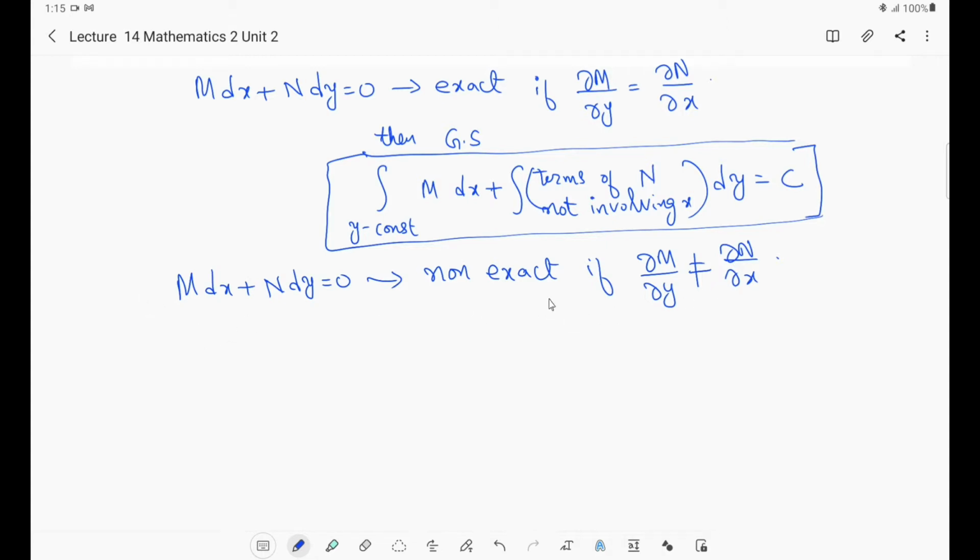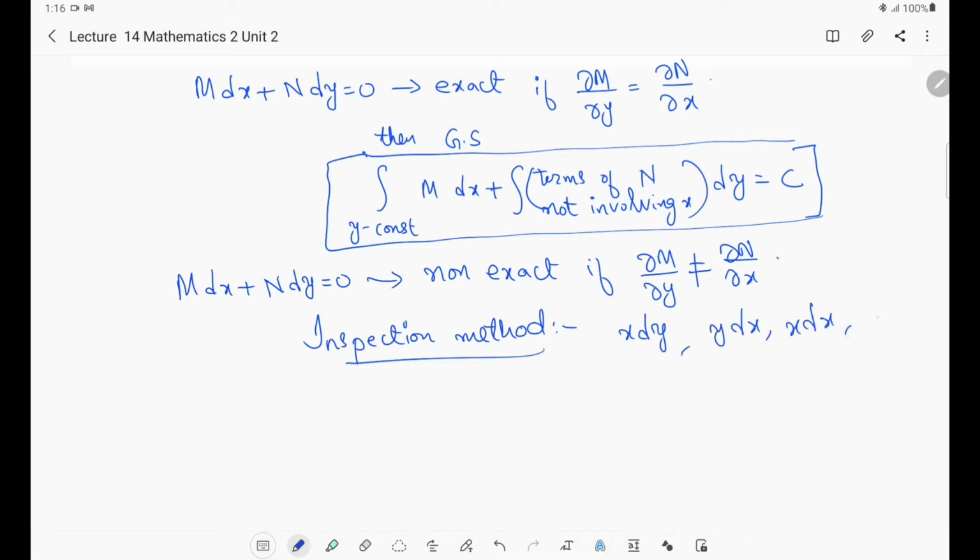Then how do we reduce to an exact differential equation? The first method for dealing with non-exact differential equations was the inspection method that we discussed in the last class. This method is applied when the non-exact equation has terms like x dy or y dx or x dx or y dy.